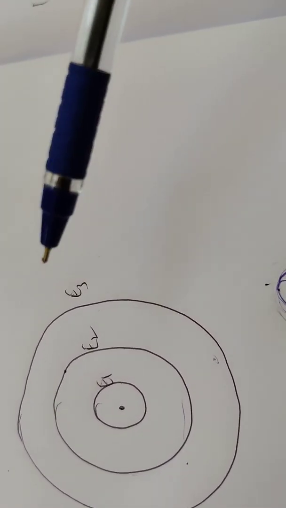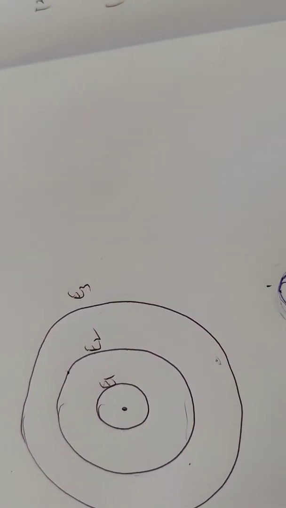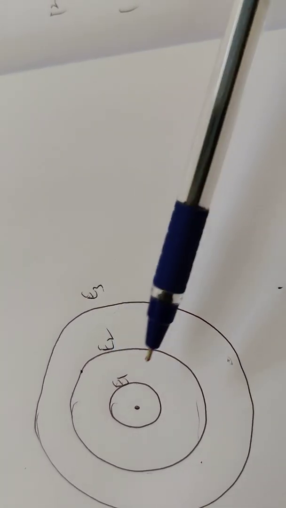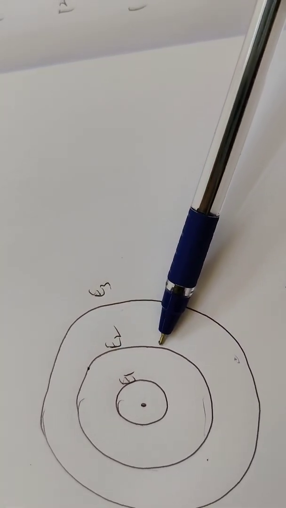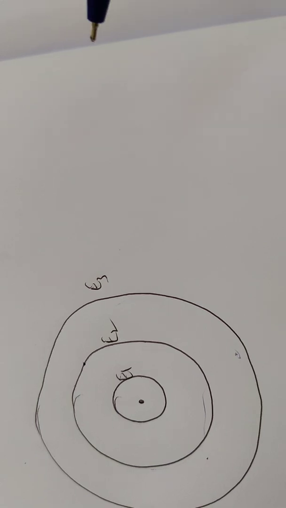The space where the probability of finding the moving electron is maximum is known as an orbital.